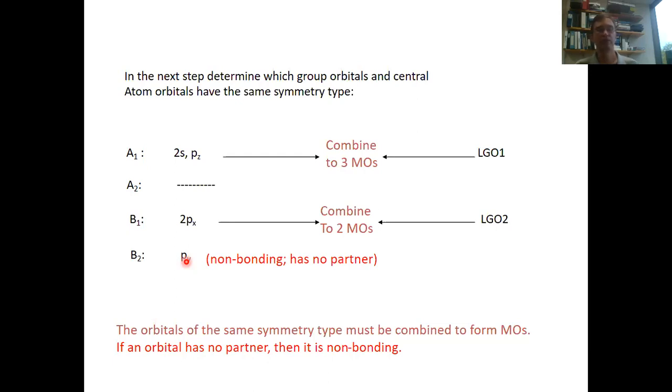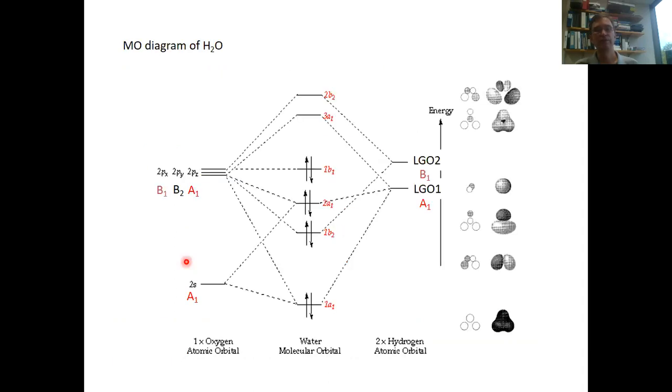So now with this information, we can construct a molecular orbital diagram, which you see here. In a molecular orbital diagram, you usually plot the atomic orbitals on the left-hand side of our molecular orbital diagram according to energy.